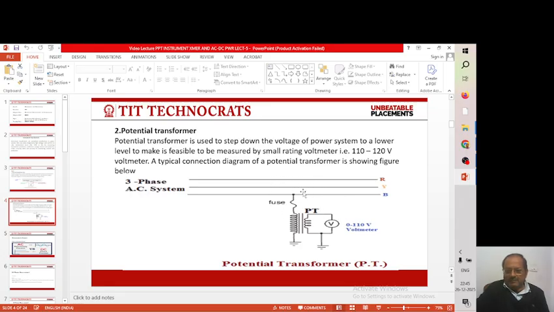So this voltage is reduced to 110 volt by this potential transformer. This is the primary coil of the potential transformer, and the secondary is the low voltage coil, which converts this high voltage into low level voltage.